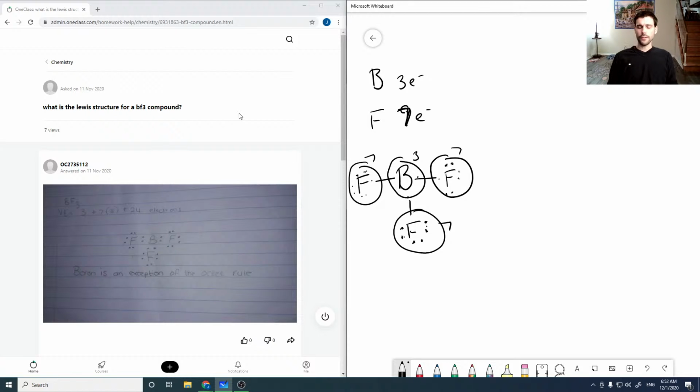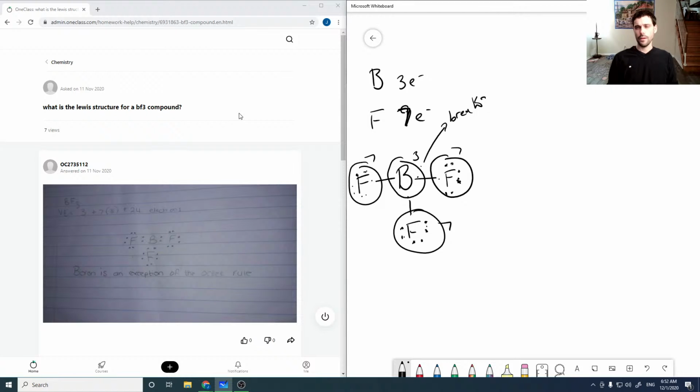But there's no way to get a full octet around boron, not without sacrificing charge separation, or having weird bonding structures around the other atoms. I guess we could donate one of these lone pairs in, but that would make fluorine positively charged, which it doesn't like doing.